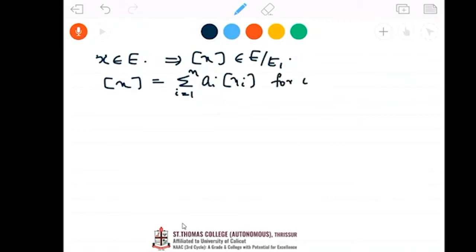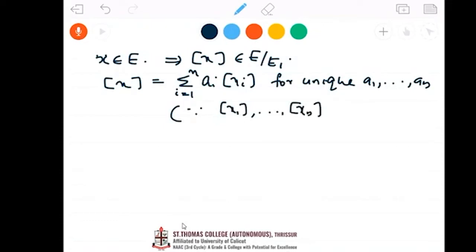For unique a1, a2, etc. an. And the reason for this is class x1, etc. class xn is a basis for E over E1. This is the reason.